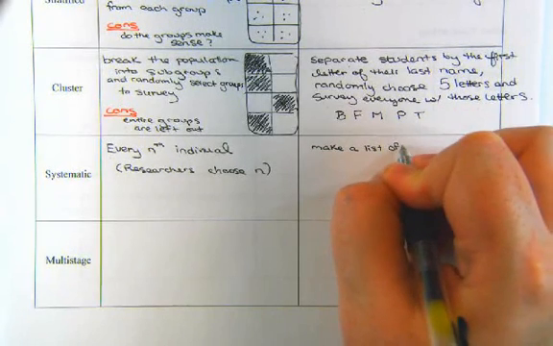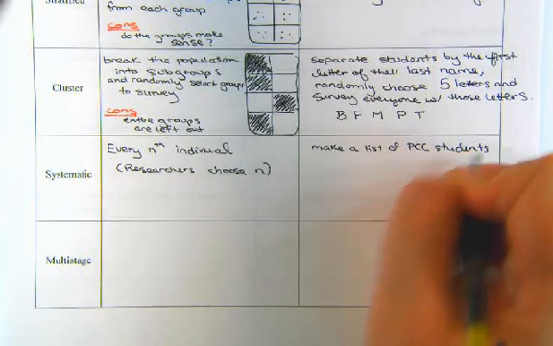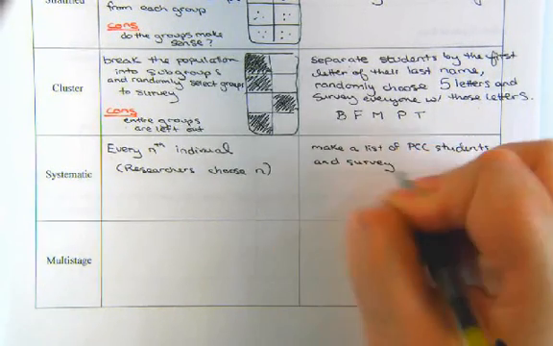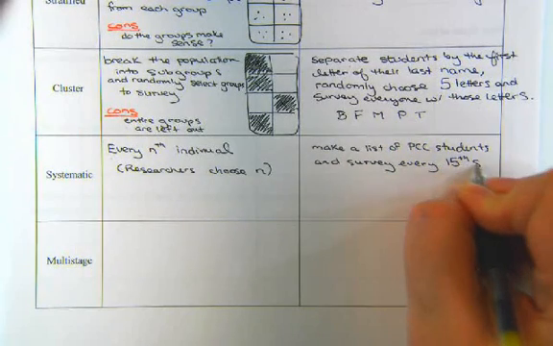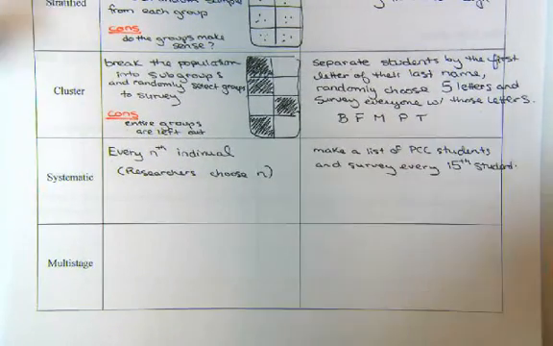So like for us, say we make a list of PCC students, and we survey every 15th student.